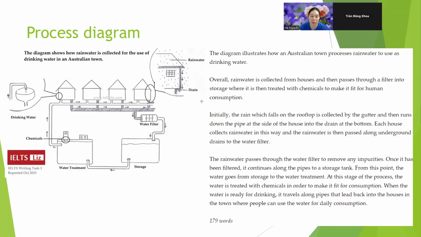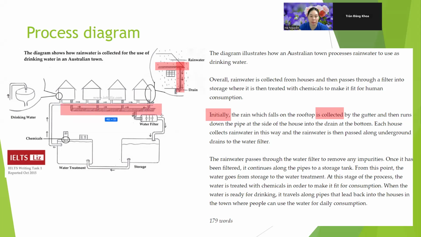What is the discourse marker to signify the first step? Initially. Good job. This is also a very good discourse marker instead of first. The rain which falls on the rooftop, and this is passive, is collected by the gutter. The gutter is this part. And then runs down the pipe, this part, at the side of the house into the drain at the bottom.